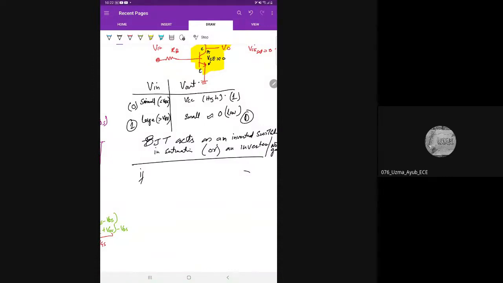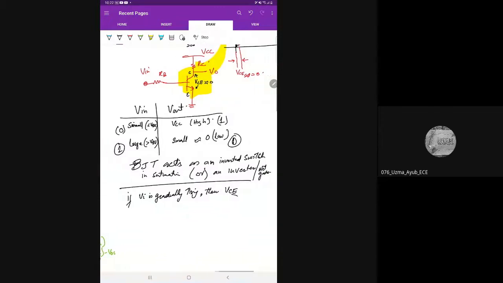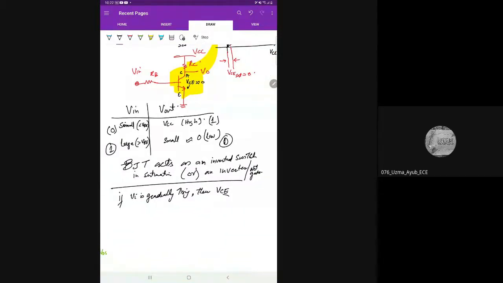If we note down from the above discussion, if V input is gradually increasing, then VCE is reducing. Then VCE can reduce up to VCE saturation.